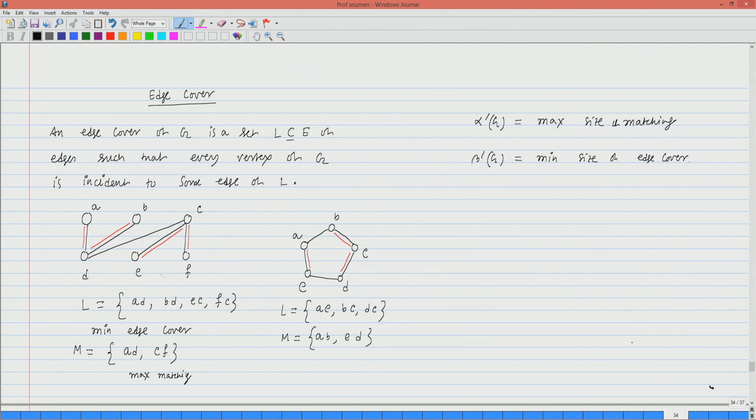So, 2 plus 4 is 6 and 6 is the number of vertices in this graph. And here you can see that the size of maximum matching is 2 and the size of minimum edge cover is 3, and so 2 plus 3 is equal to 5. 5 is the number of vertices.